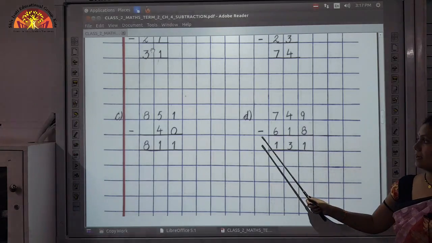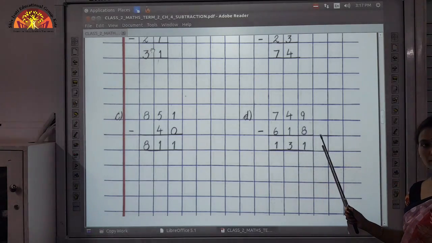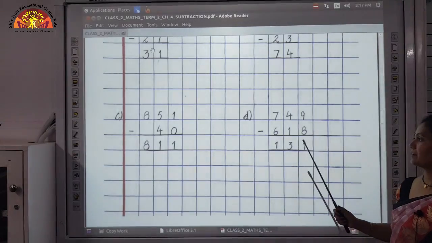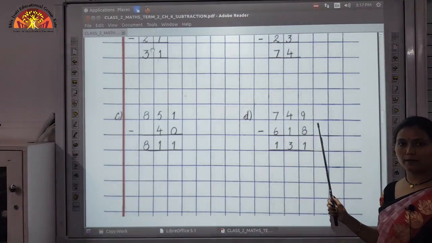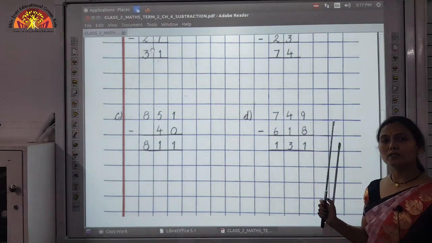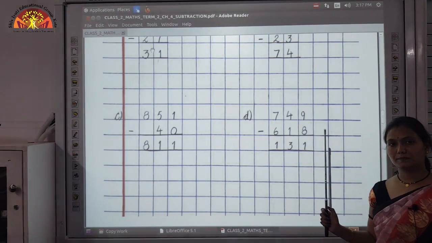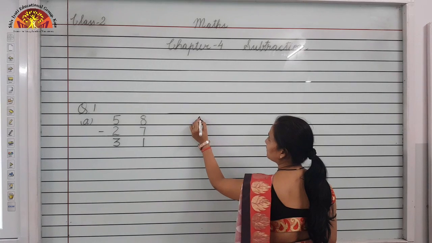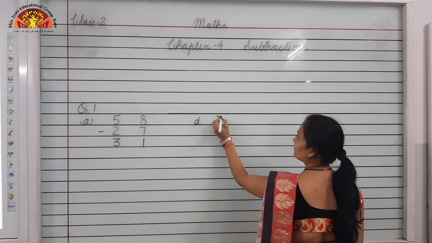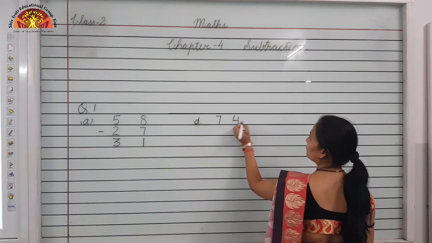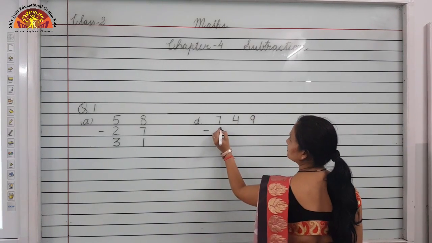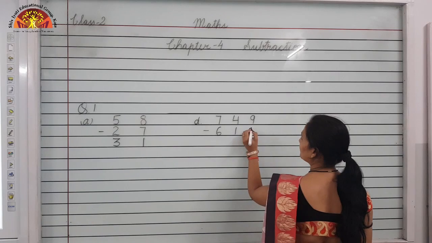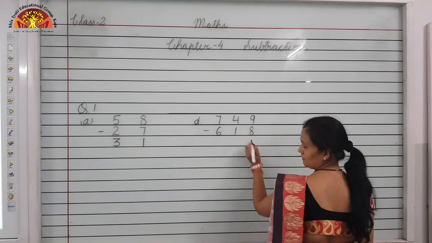749 minus 618. So here we have to subtract 618 from 749. Now we will do this on board. Question D. 749 minus 618.